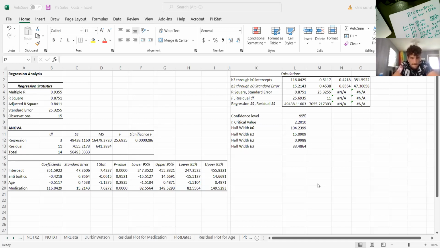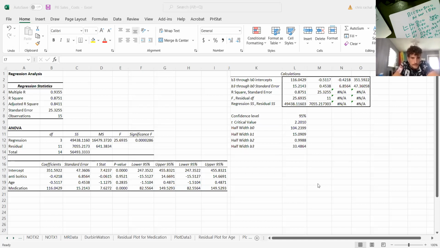Looking at age, for every year they're older, they stay 5 less days. Why is that? I don't know. But that's what our data is telling us here. So age isn't a bad thing.